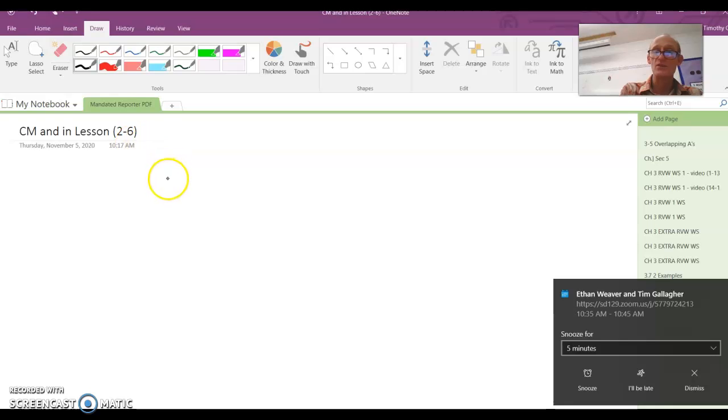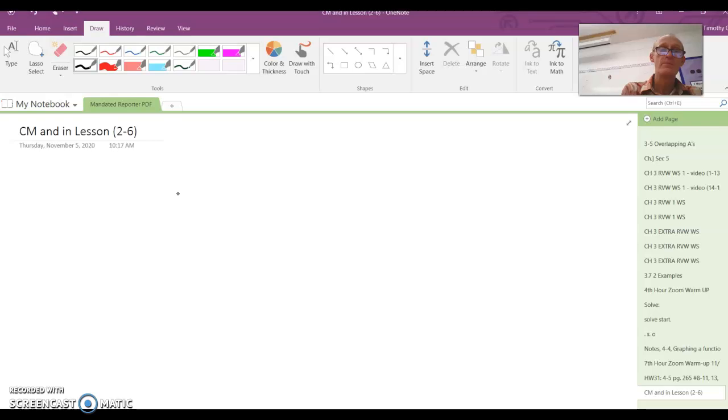So this lesson is 2.6, and this is centimeters and inches. A centimeter and an inch, how are they related? Well, a centimeter is smaller.